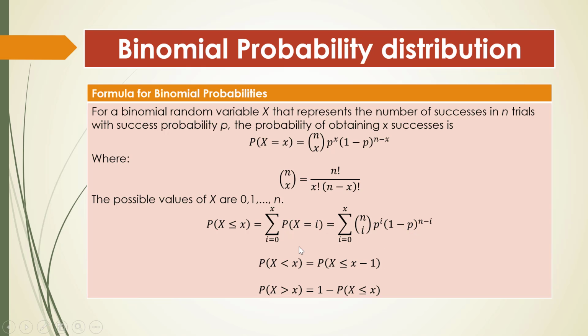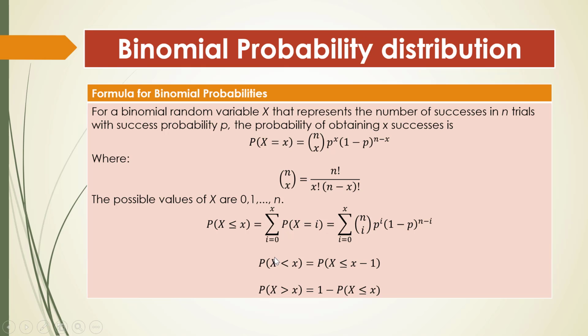If a question asks you for the probability that X is strictly less than little x, here x is a whole number, so we basically just subtract 1 from x and change the strict inequality to a non-strict inequality.